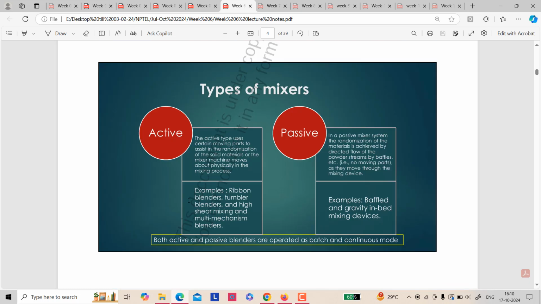For mixing, different types of mixers are present, which are active mixers and passive mixers. Under active mixers come the ribbon blender, tumbler blender, high shear mixing and multi-mechanism blenders. Under passive mixers, baffled and gravity-bed mixing devices are there.